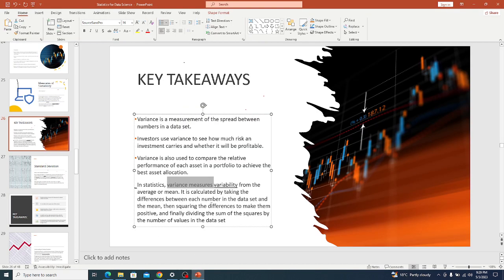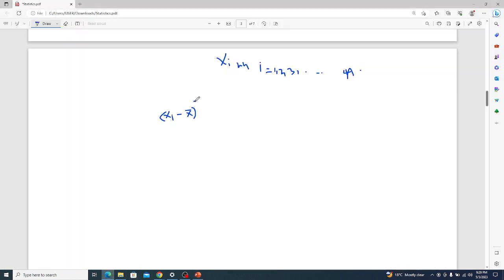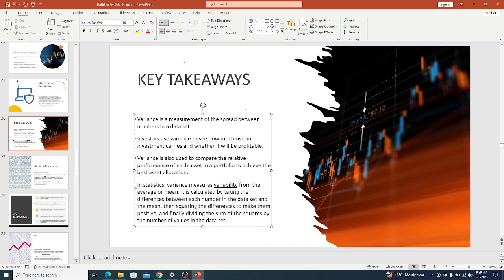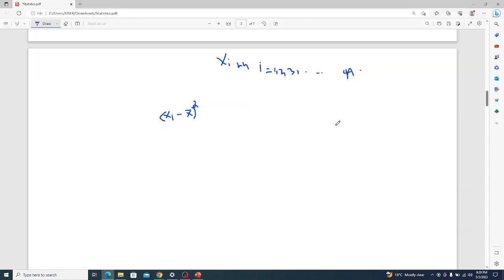Then squaring the difference to make them positive, or to make it absolute. We are squaring all the differences to make them positive. Finally, dividing the sum of the squares by the number of values in the data set. Let's assume we have n observable values.